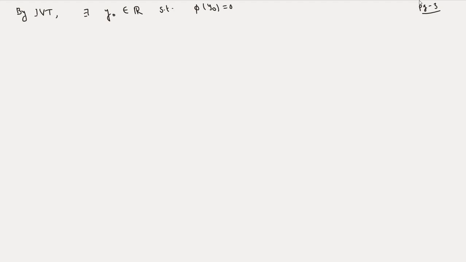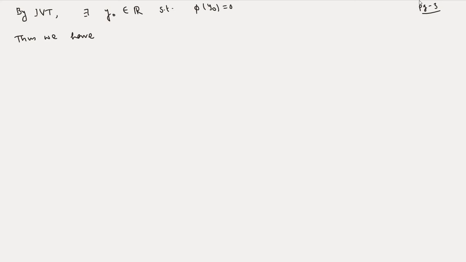Okay, thus we have, for every given x naught, this guarantees the existence of a function h of x, such that phi of h of x is equal to 0.